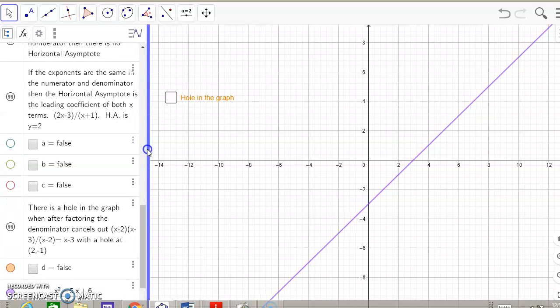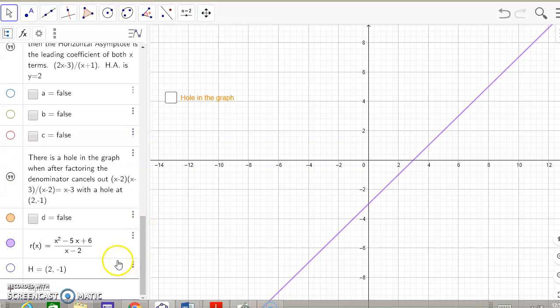Well, something happened. When you have an equation and you factor it, the quantity of x squared minus 9 is x plus 3 and x minus 3. And so it would be something similar to this. On this equation, I have x squared minus 5x plus 6 divided by x minus 2.